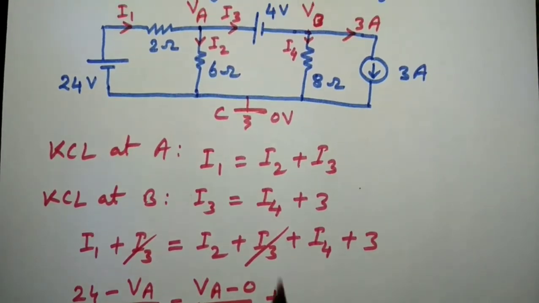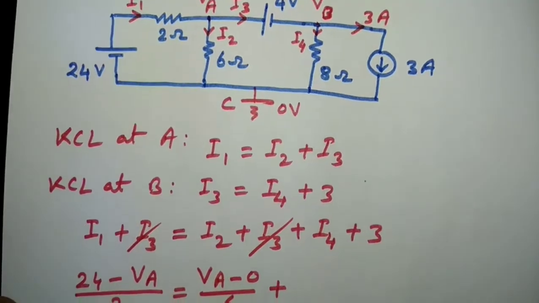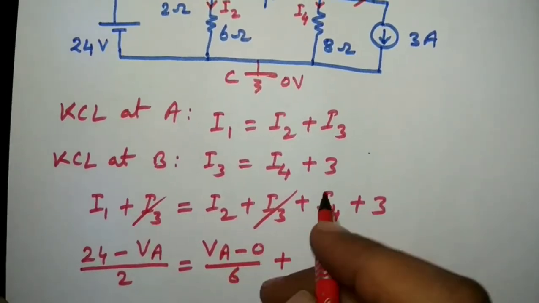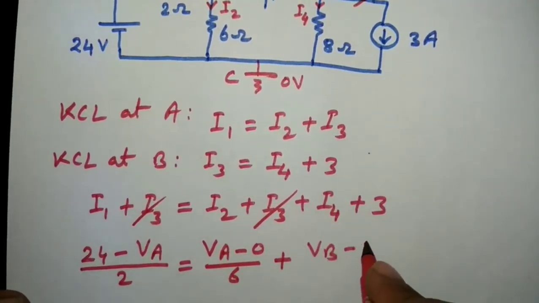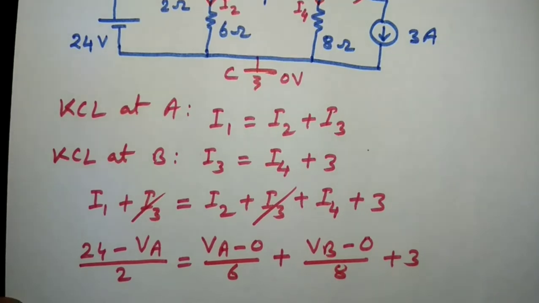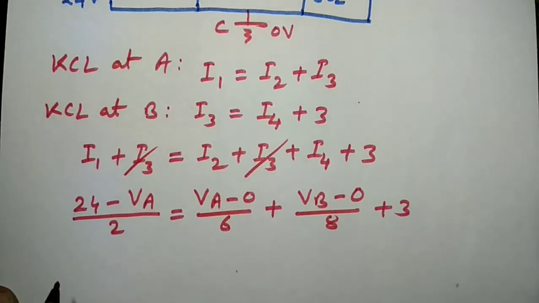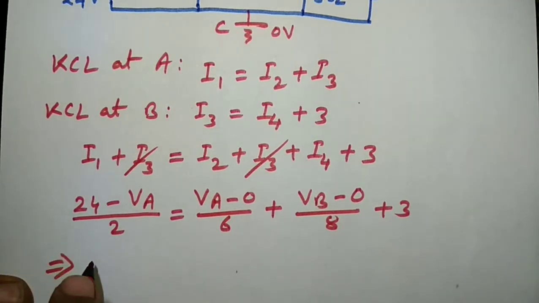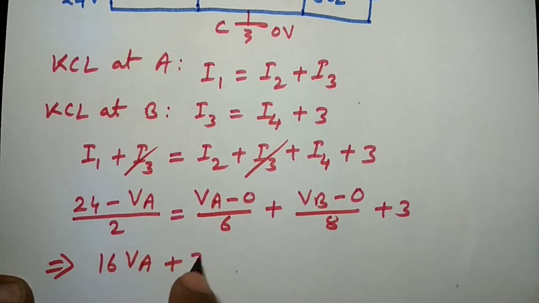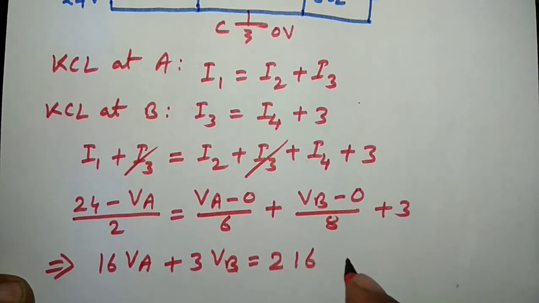I4 is from junction B downward, so it will be (VB minus 0) upon 8, plus 3. So if we simplify this equation, we'll get 16 VA plus 3 VB is equal to 216. Let's call this equation number 1.